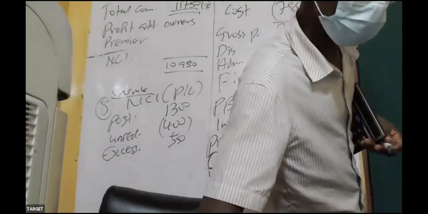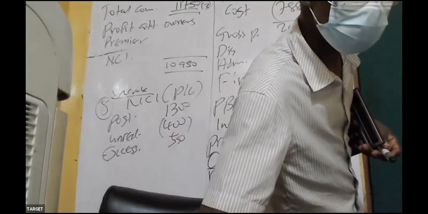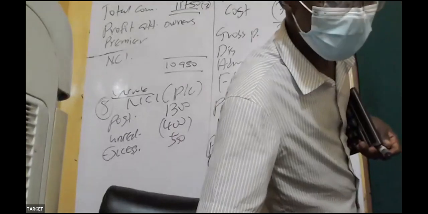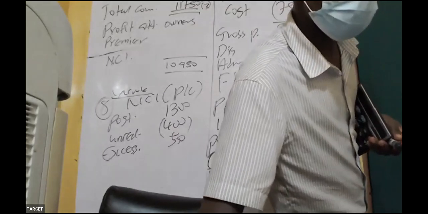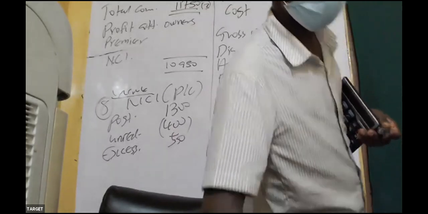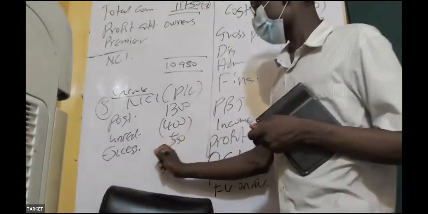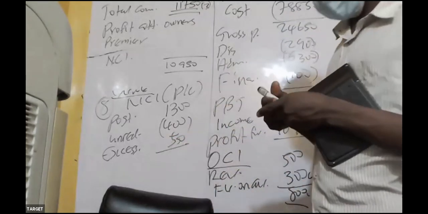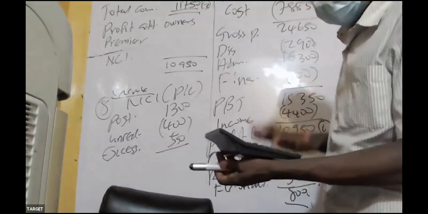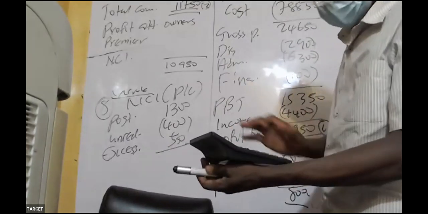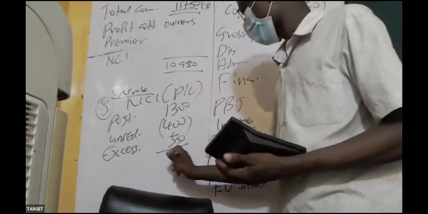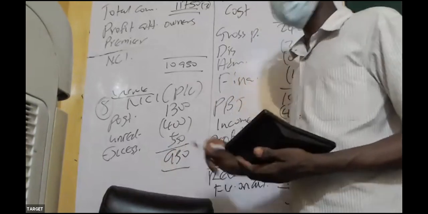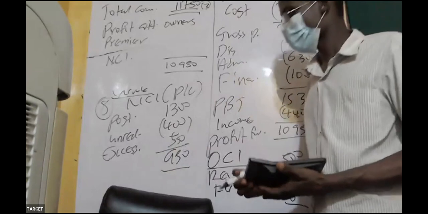Now, after adding this 50 for the excess depreciation, you now find the NCI share. So close it like this or add all. So let's go. 1,300 plus 50 less 400. Answer 950. So this 950, can it take NCI share?